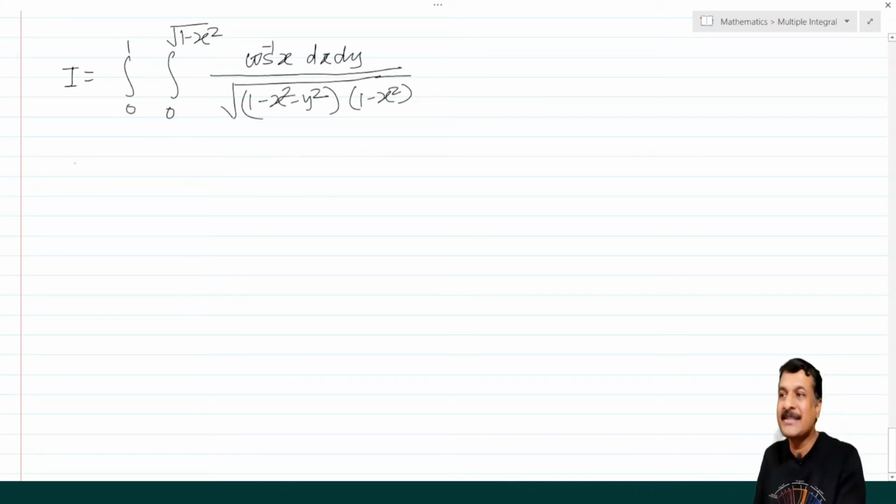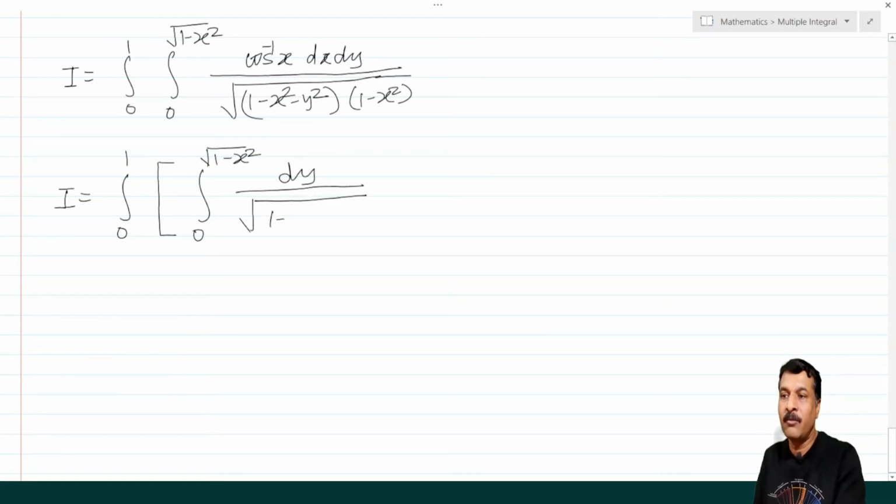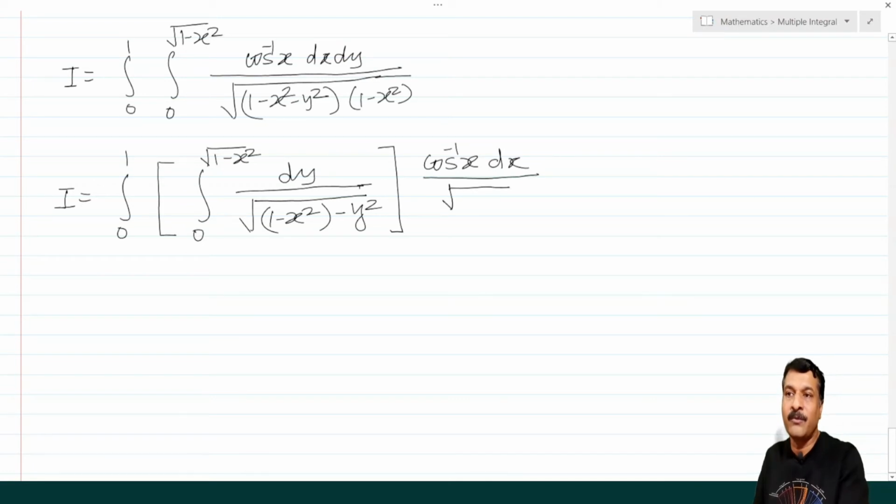So I equal to 0 to 1, only y inside, 0 to under root of 1 minus x square into dy upon under root of 1 minus x square minus y square, and remaining outside is cos inverse x dx upon under root of 1 minus x square.